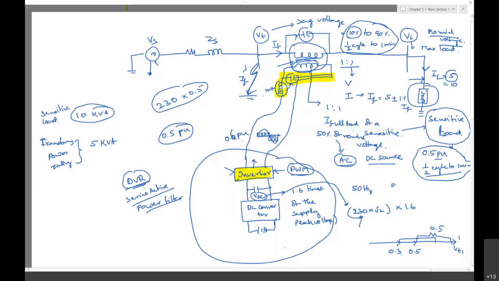The DC side voltage should be much higher than the AC side voltage in order to have power flow from the DC side to the inverter side. By having 230 into root 2 times 1.6, we can have bidirectional power flow also.